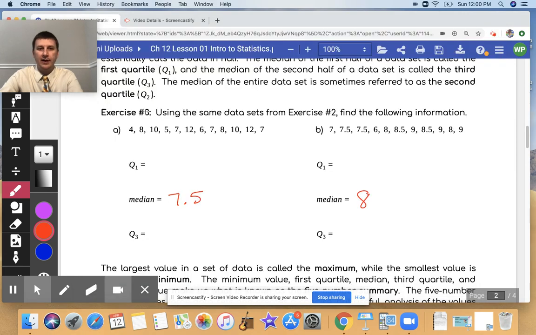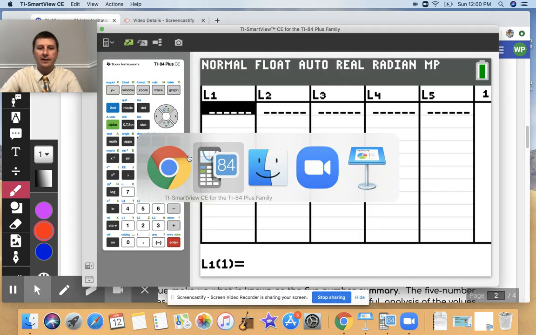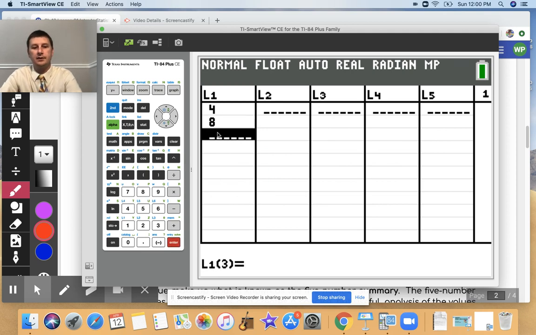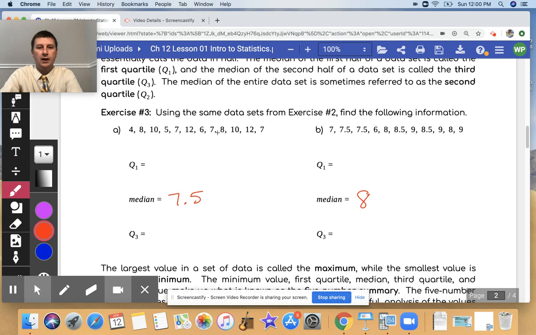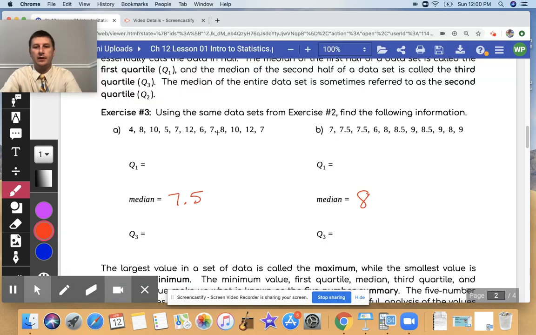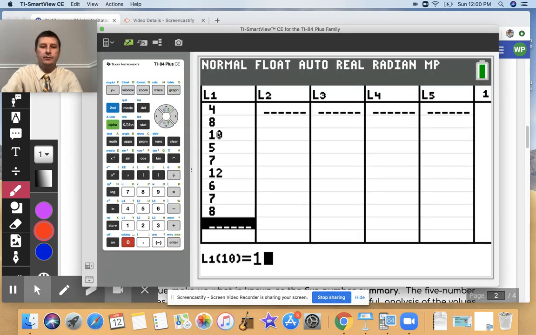So you're going to input your values of 4, 8, 10, 5, 7, 12, 6, 7, 8, 10, 12, and 7.